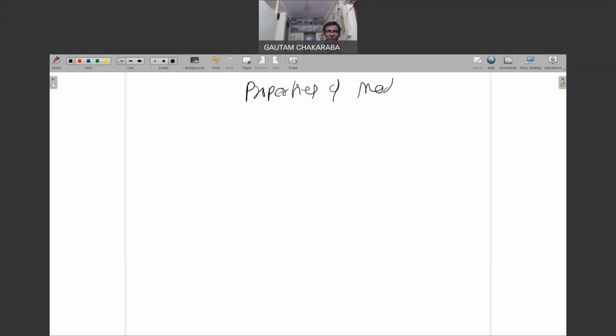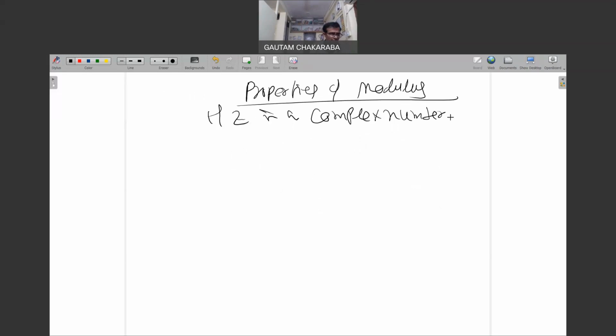Properties of modulus. If Z is a complex number, then modulus of Z is equal to 0 implies Z is equal to 0.